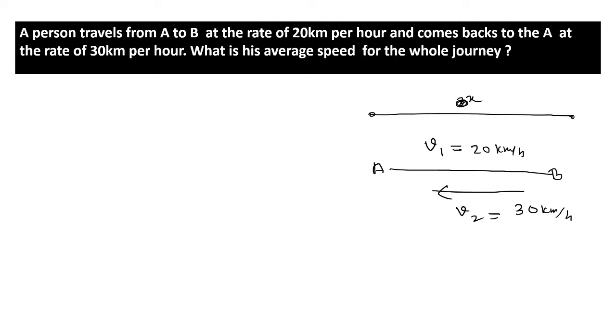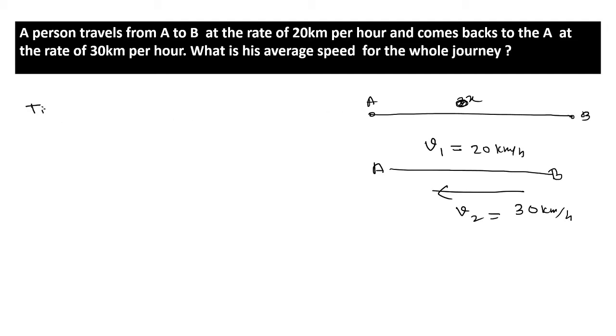Now we know the velocity when the person is moving from A to B is v1. So how much time is taken when the person is moving from A to B?